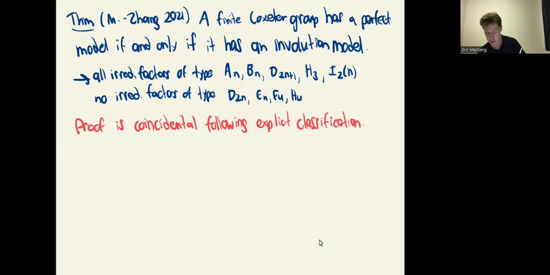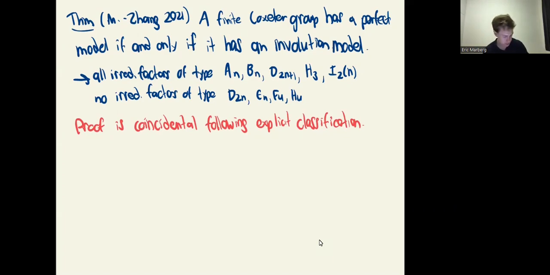So we don't actually know of any formal way to associate an involution model to a perfect model or vice versa. In certain types, the relevant constructions are fairly similar, but it seems like there's not actually a relationship between the two. So there's more to the story as well.